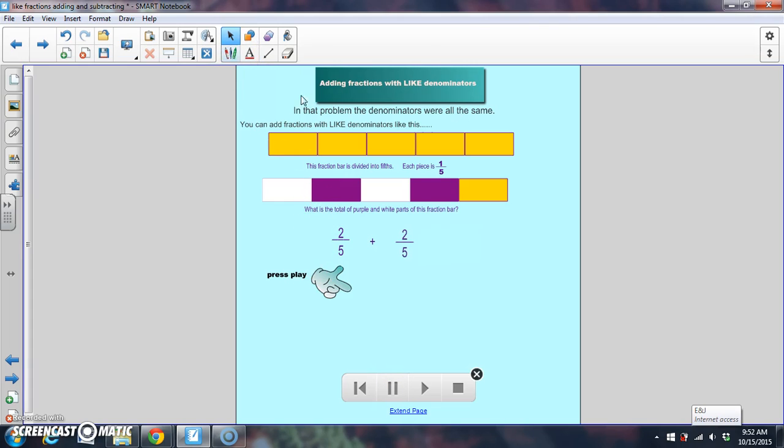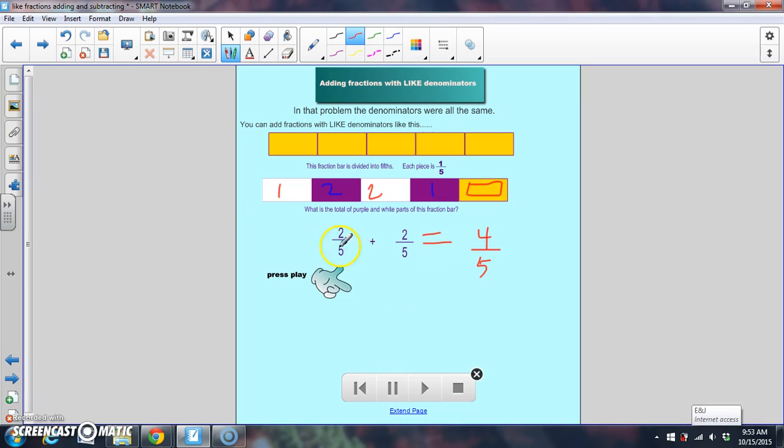So again, here we can tell that we have 2 purple pieces, so we have 2/5. And over here we have 1 white piece and another white piece, 2/5. And this equals 4/5. Or we could say that there's one piece right here that is not purple or white.